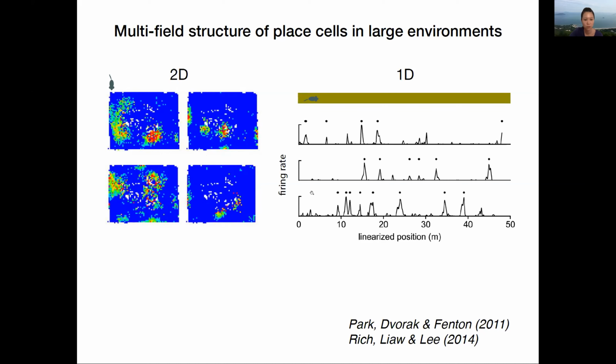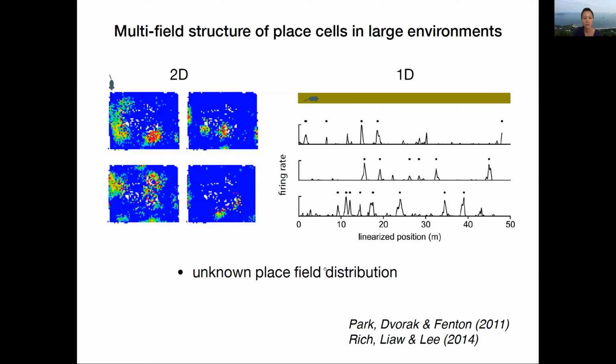This is also true in a large 1D environment. Here are 3 example place cells' activity when the animal was traversing a very long one-dimensional track, and you can see multi-peak activity for these example place cells.